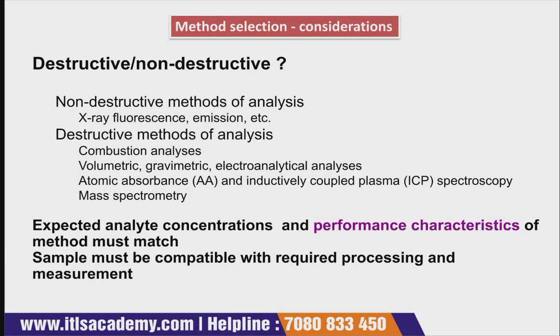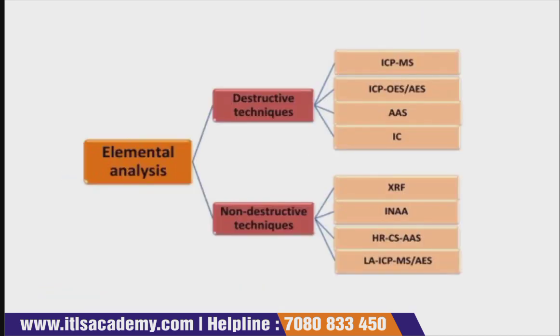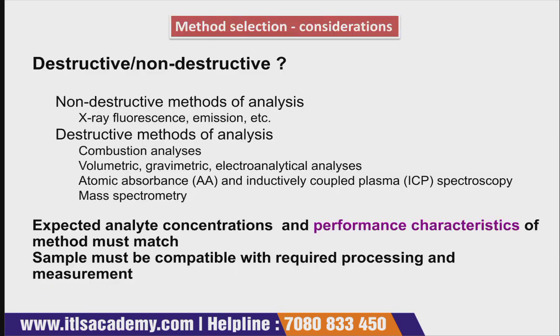Now comes the method selection, that is the consideration. We have already discussed that there are two types of elemental analysis, the destructive techniques and the non-destructive techniques. If we talk about the destructive methods of analysis, they are X-ray fluorescence emission and atomic absorption.